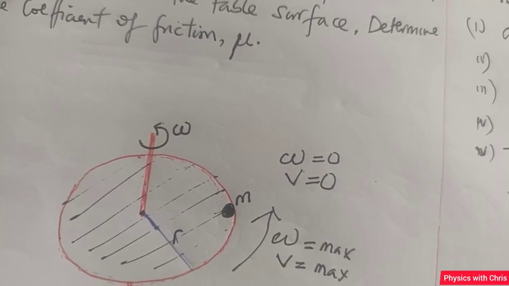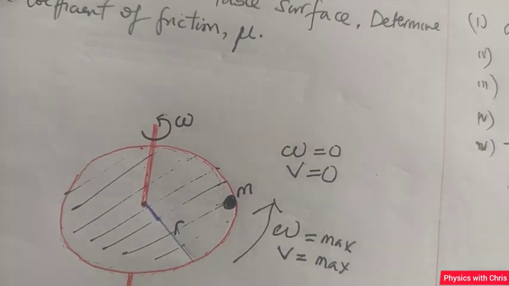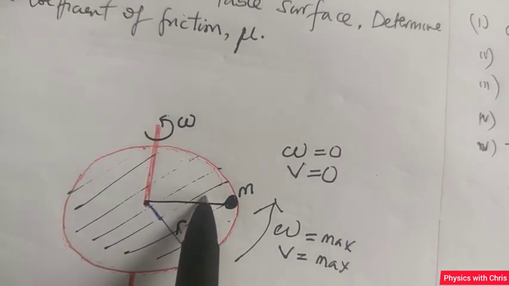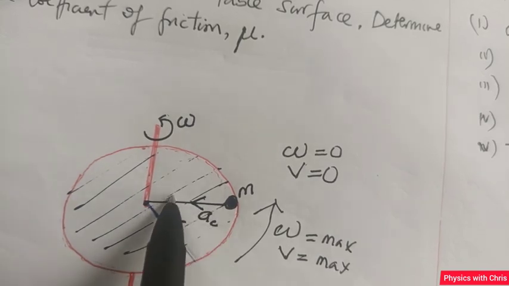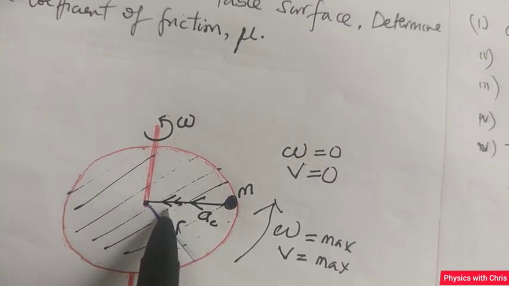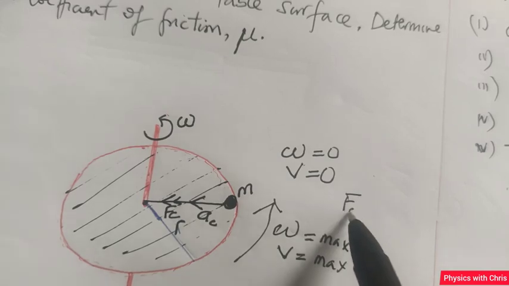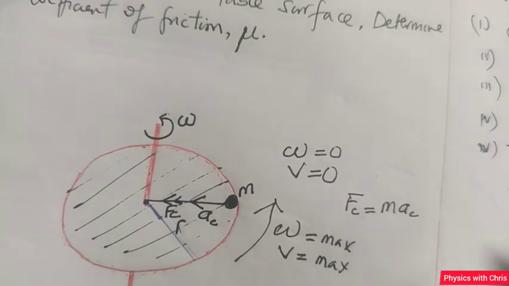That is the force that keeps the body moving in its circular path without skidding, without veering off the path. And the centripetal force is always directed in the same way as the centripetal acceleration. Let's call this one AC. My centripetal force is FC, because from Newton's second law of motion, the centripetal force is responsible for the centripetal acceleration, AC.